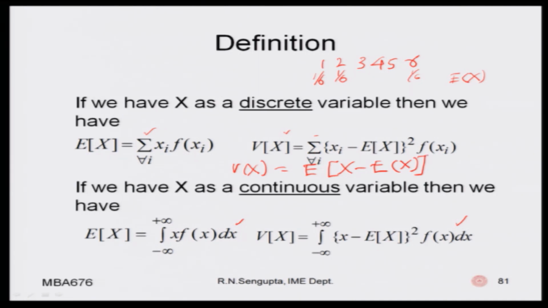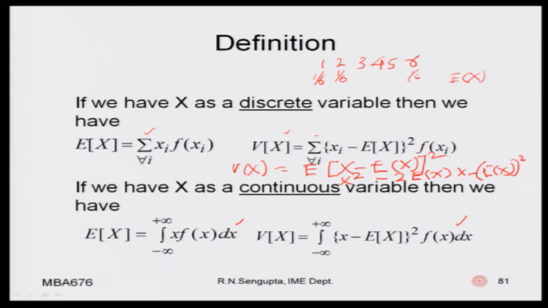If you expand this equation, the first term will be x square, the second term would be minus 2x into E of x, and the third term would be E of x whole square.